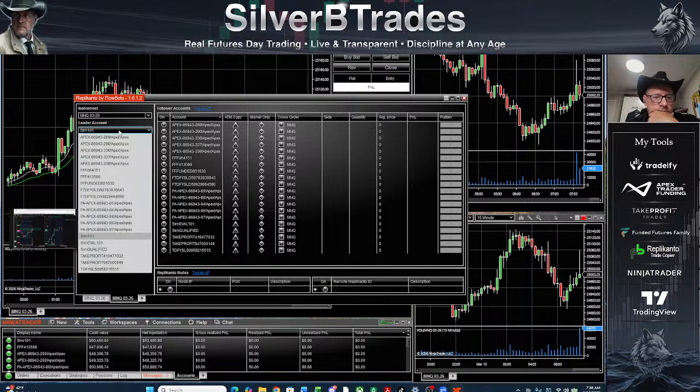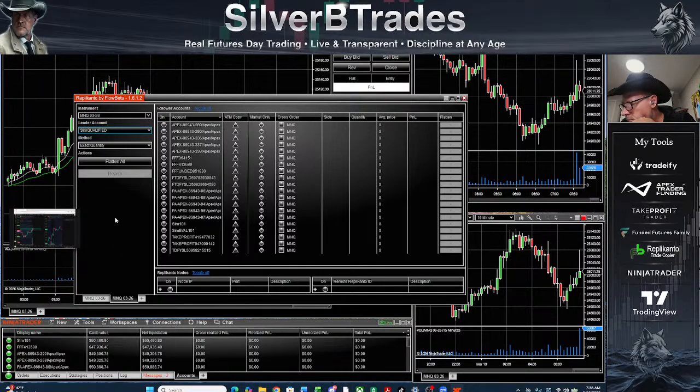The blue line's all that matters. VWAP is the volume weighted average price. It's a volume-based indicator.